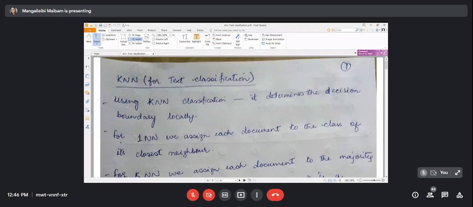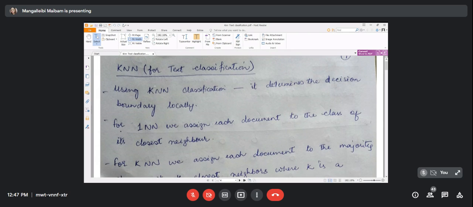So you see here, KNN classification determines the decision boundary locally. For k equal to 1, that means for 1NN classification, we assign each document to the class of its nearest neighbor.